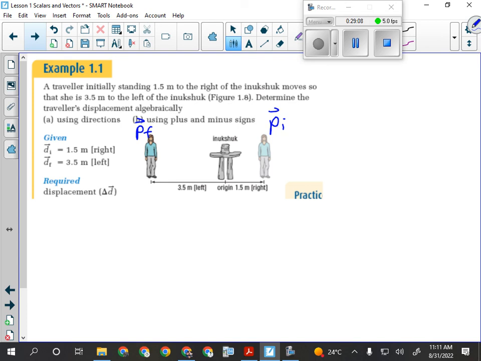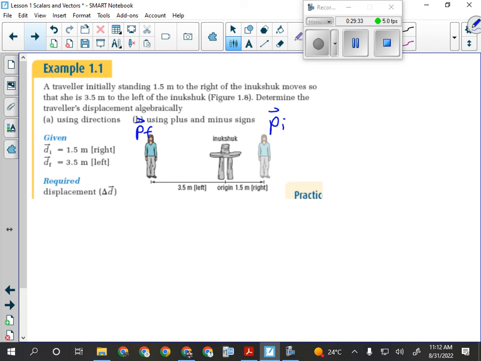What's their displacement if they walk from their initial position to their final position? 5 meters. Right, their displacement is 5 meters left. What's their distance traveled? 5 meters. Same trip, different points of view, but same magnitude because it was a straight line. Everybody all right with that idea?